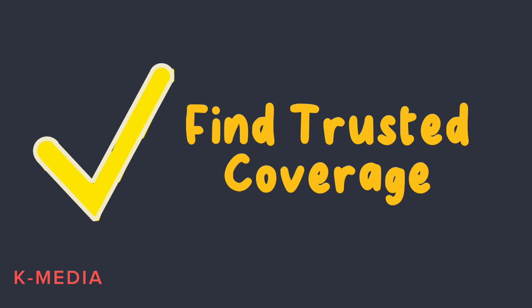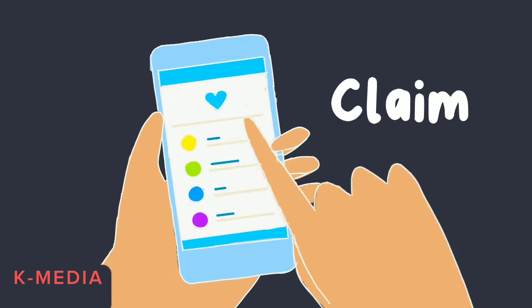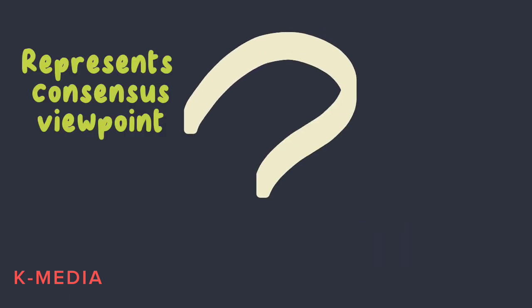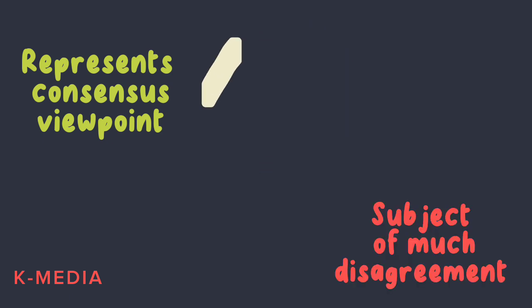Third step, find trusted coverage. Sometimes, you don't care about the particular article or video that reaches you. You care about the claim the article is making. You want to know if it is true or false. You want to know if it represents a consensus viewpoint, or if it is the subject of much disagreement.